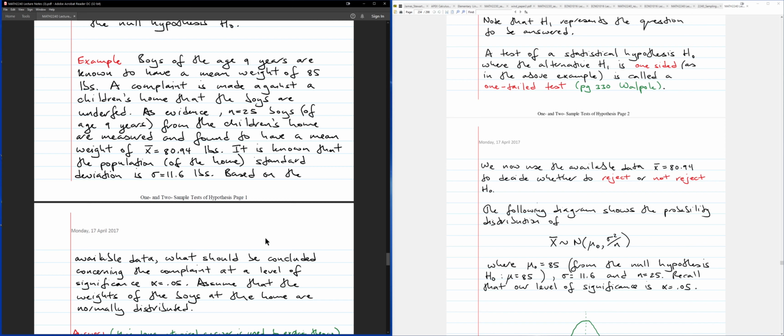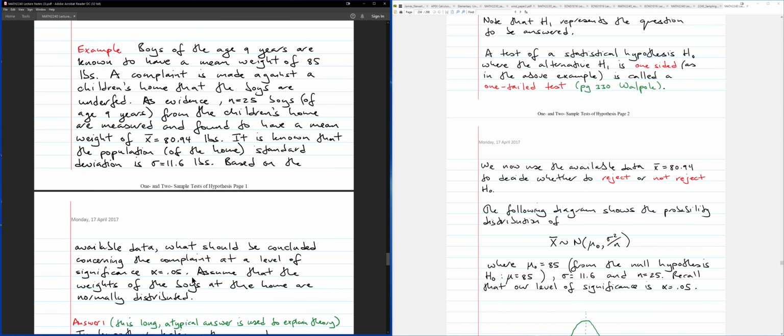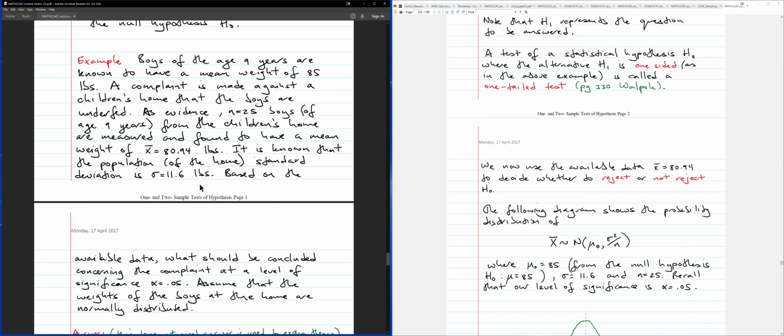So when you have a known standard deviation and you're working with a normal population, then big X bar is normally distributed with mean mu 0 and variance sigma squared over n. This sigma is the given population standard deviation, which is 11.6, and n is the sample size, which is 25.